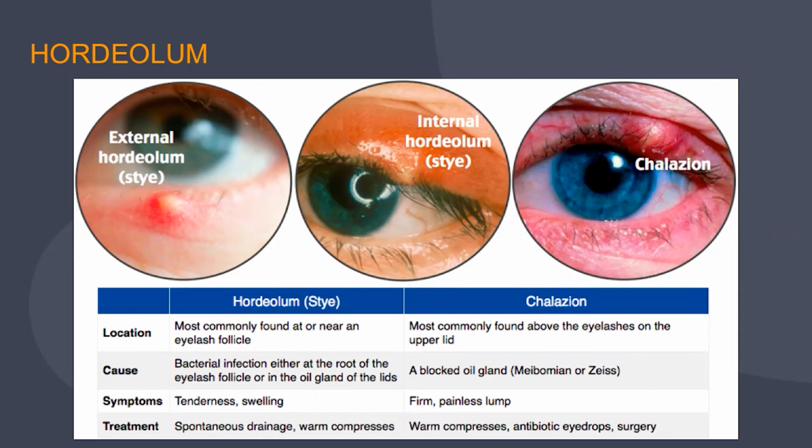A blocked oil gland is the cause for chalazion, of course. The tenderness can only be found in hordeolum, while the chalazion is painless. So their treatments are spontaneous drainage and warm compresses for hordeolum, while for the chalazion it is surgery and antibiotic eye drops. That will be all. Thank you.